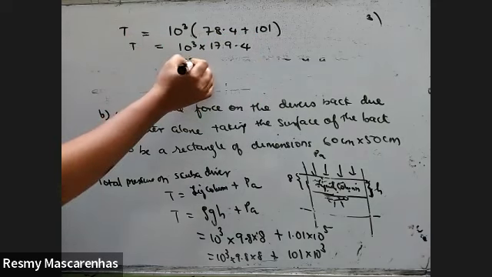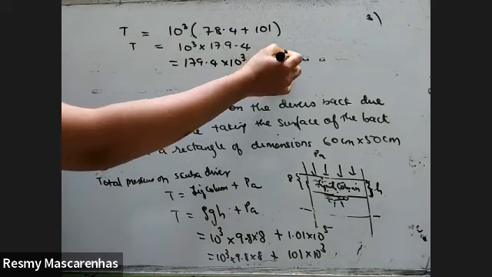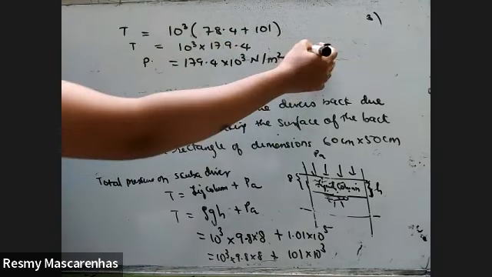So we get 179.4 into 10 raised to 3 Newton per meter squared, or you can use the word Pascals also.